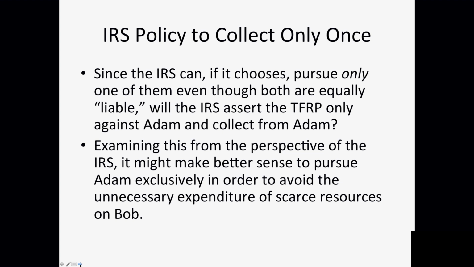Examining it from this perspective of the IRS, it might make better sense to pursue Adam exclusively in order to avoid the unnecessary expenditure of scarce resources on Bob and having to go through all the hoops of getting a levy against the home of Bob and having to do something that is probably going to backfire PR-wise against the IRS by pursuing the primary residence of a taxpayer.